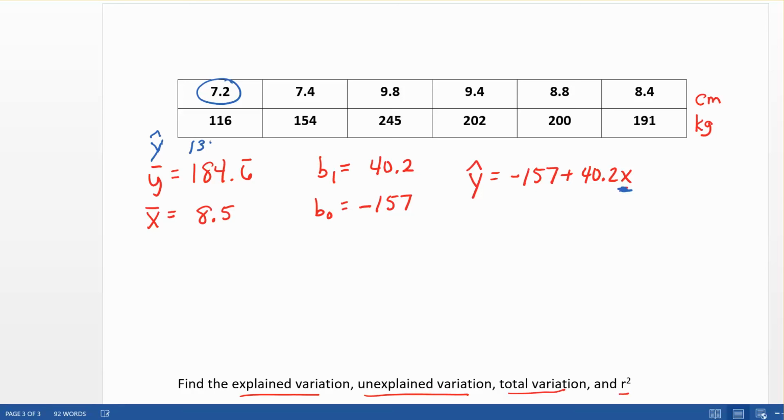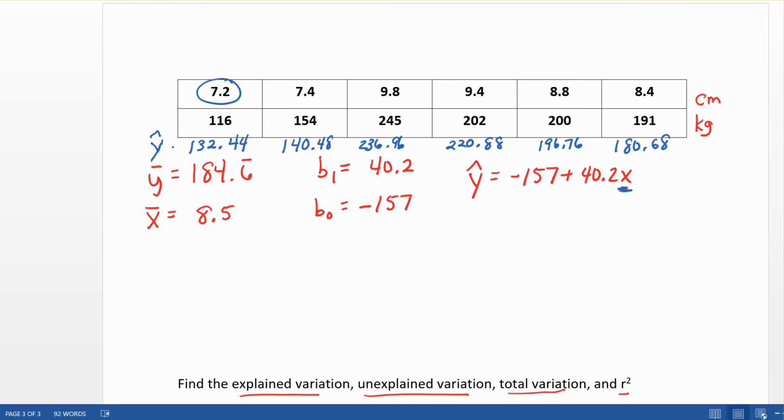And when we plug 7.2 into the equation, we get a predicted value of 132.44. And doing that for all these pieces, the predicted value of a photograph that's 7.4 centimeters long, the seal would weigh 140.48 kilograms. We get 236.96, 220.88, 196.76, and 180.68.